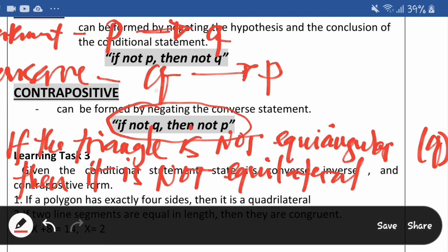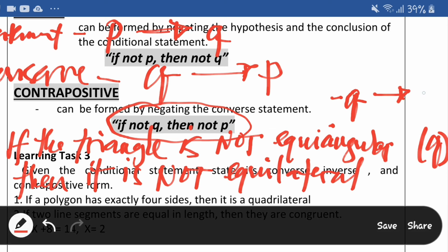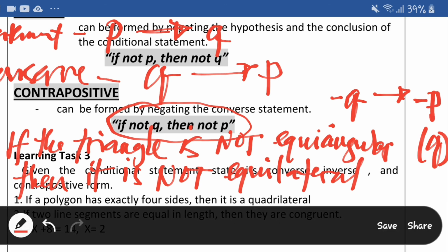We then make the contrapositive as: if not Q, then it is not P. Okay, is that clear, class?